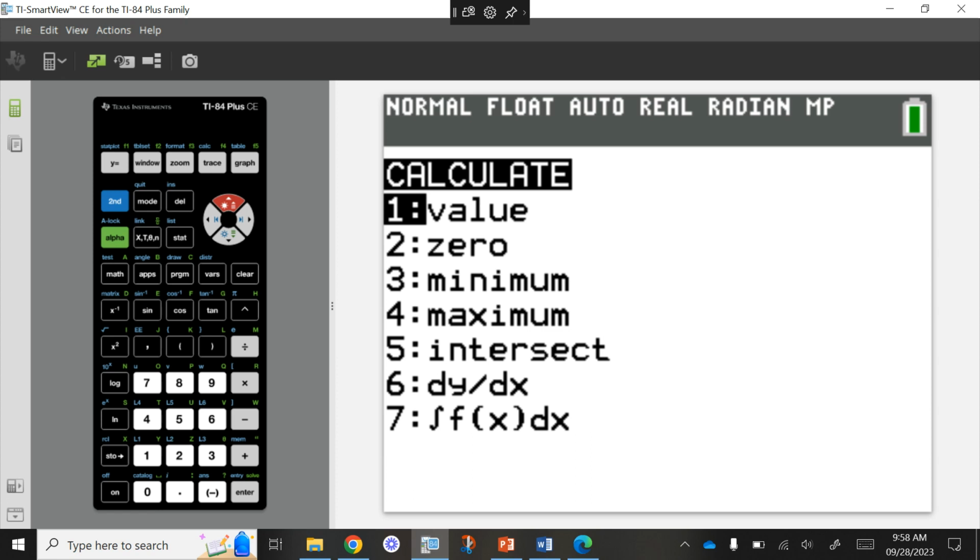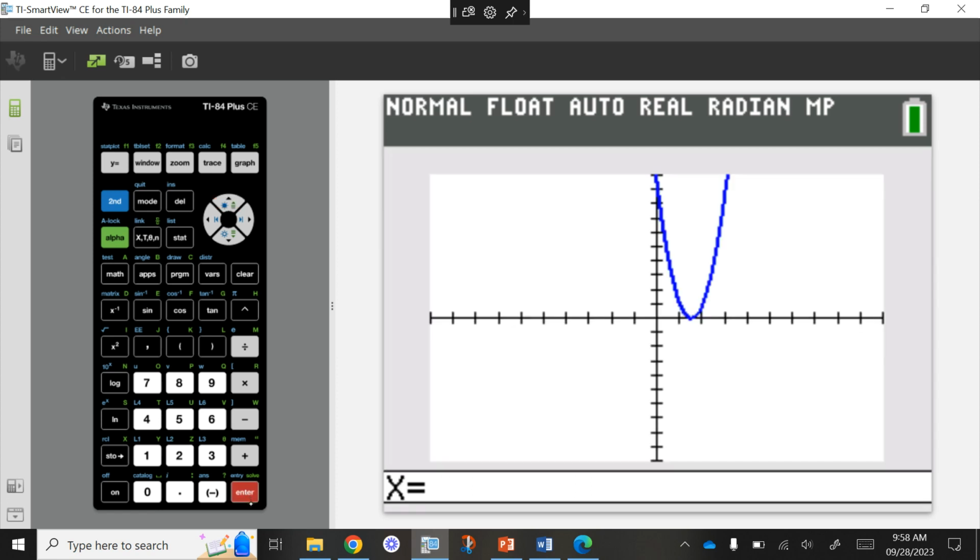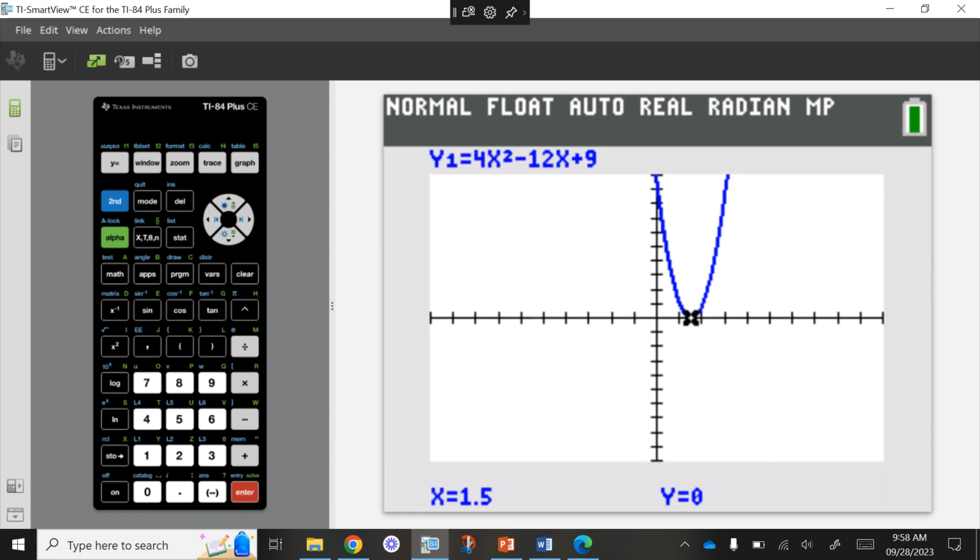To test the value, you can plug in any x and it will tell you the y. So I'm going to test the value of 1.5. And there you go. Y is 0. So that's another way to check yourself. You can't test a y, but you can test an x. So that's another cool thing that you can do.